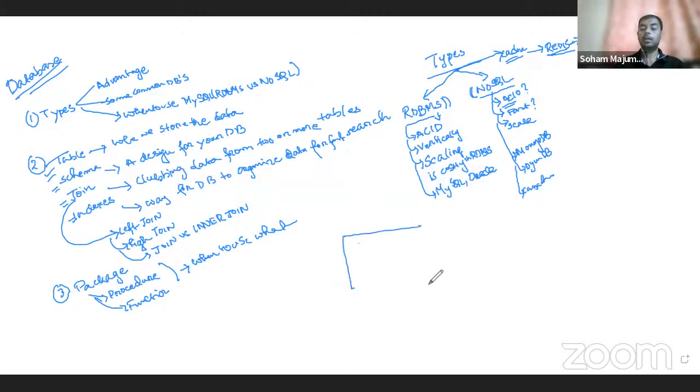You have a table with the employee ID, the employee name, and the employee salary. You have employees one, two, three, and so on, with names A, B, C, and salaries like 100, 200, 400, something like that.